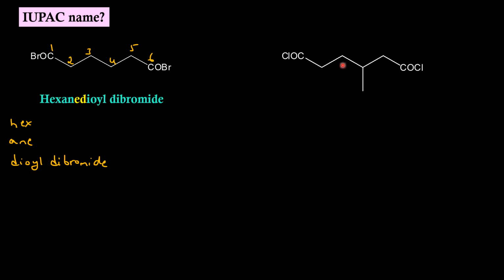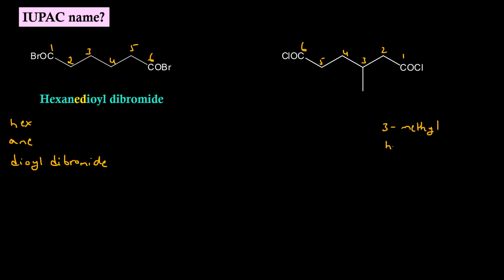This is a similar case with a substituent. In order to give the lowest number to the substituent, it is better if we start numbering from this end. Secondary prefix will be 3-methyl.